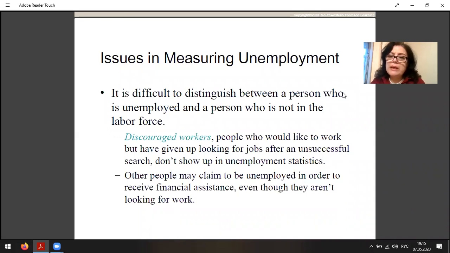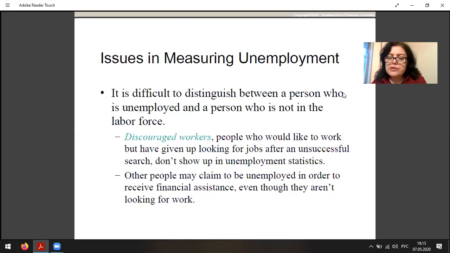That's why, when we analyze officially announced unemployment rates in different countries, we have to be extremely careful, because this official data frequently cannot describe the real situation in these countries, especially in their labor markets. And more importantly, it cannot give the precise number of really unemployed people in the country.